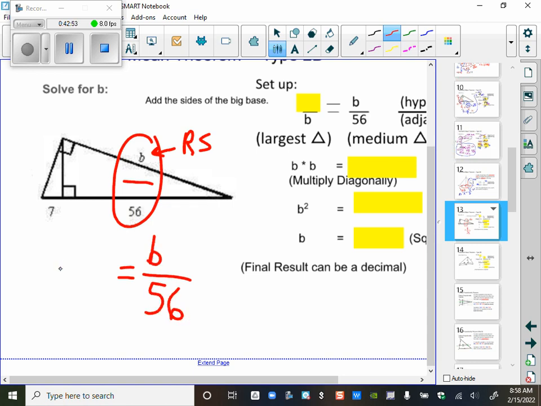Now, the second ratio. Where's my right slant going to go in this second ratio? Bottom. Copy. Paste.